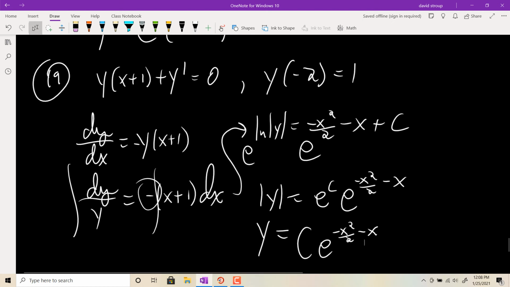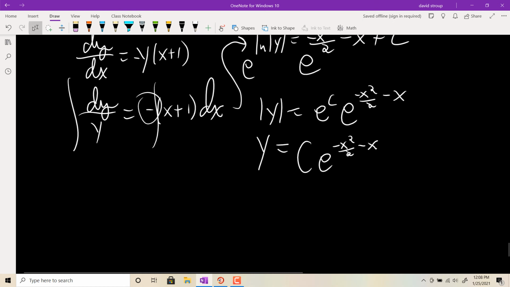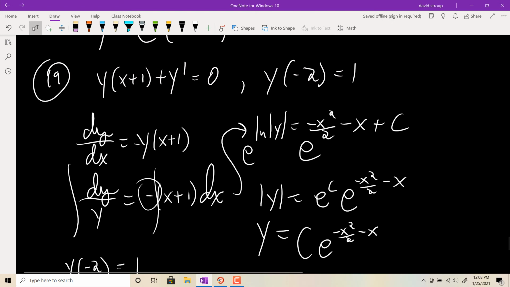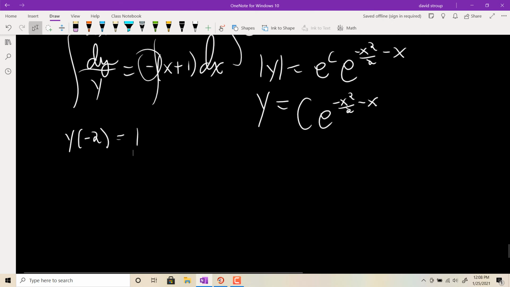Okay, you could just skip like that if you want. And then use your initial value to get c. So y of negative 2, they said is 1, I believe. Yeah. Okay, so this is x here, this is y, so y is 1 equals c e to the negative 2 squared is 4 all over 2 minus negative 2.